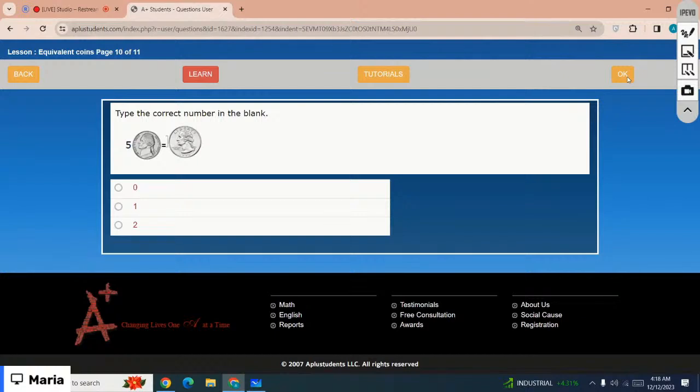Which is the correct option? The correct option is 1.